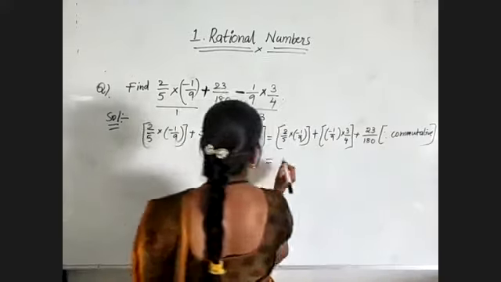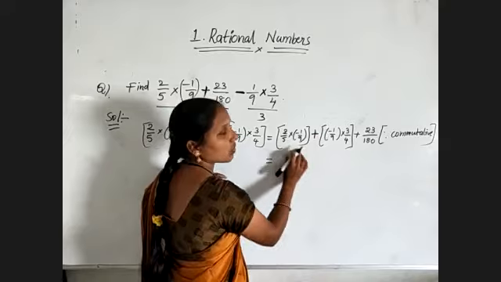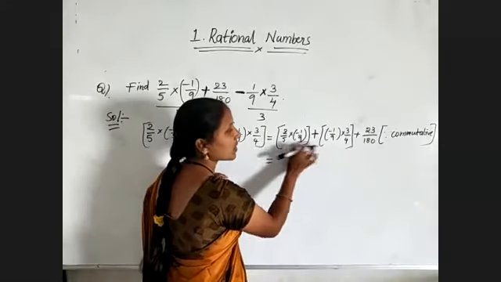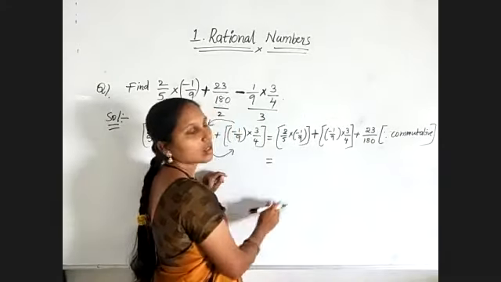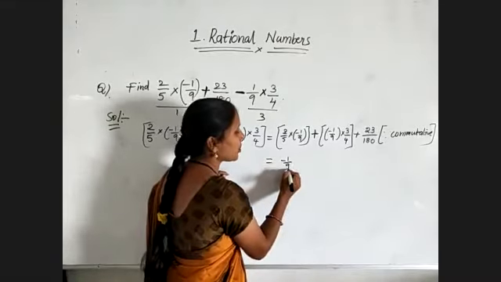Now coming to the next process. I am observing these two terms. In these two terms, minus 1 by 9 is common. So that common number I am writing outside by using the distributive property.